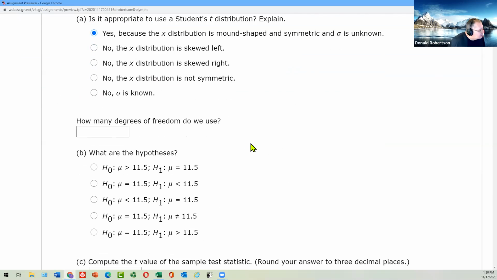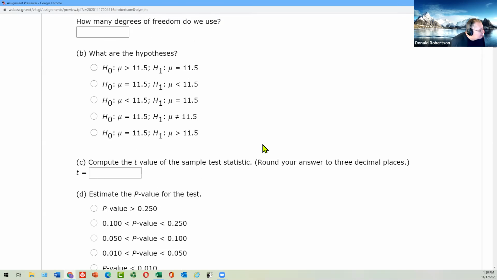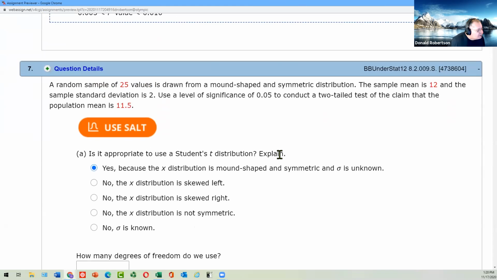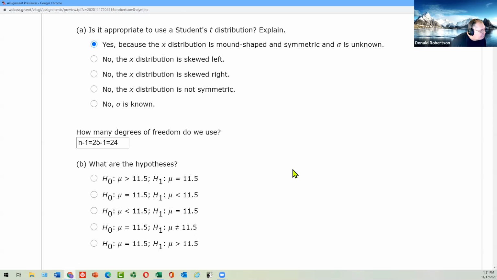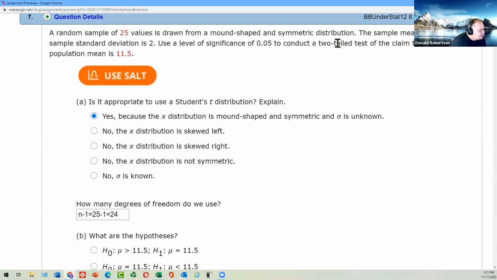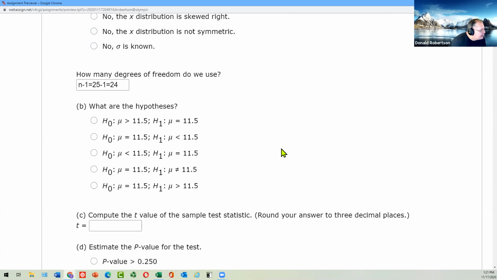Okay, so since this has 25 numbers in it, the degrees of freedom is n take away 1, 25 take away 1. So the answer you would write down there would be 24. Now, we're being asked to conduct a test to claim that the population mean is equal to that one.